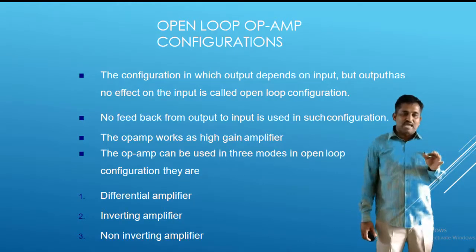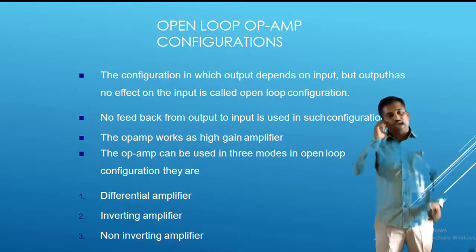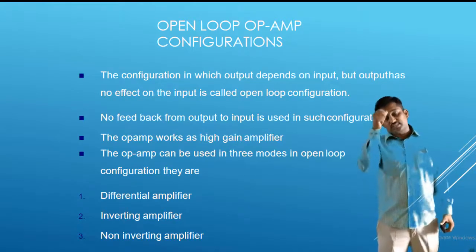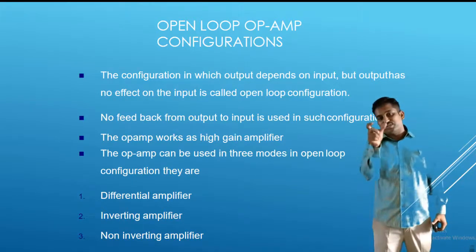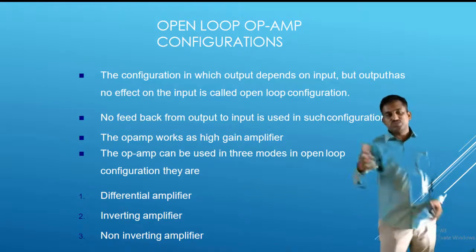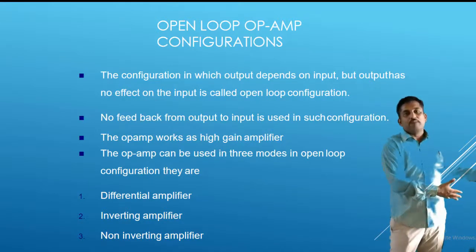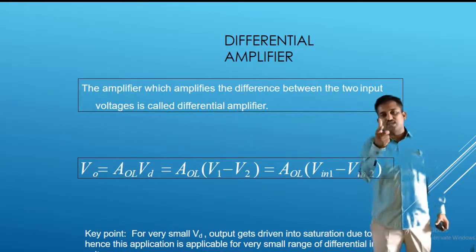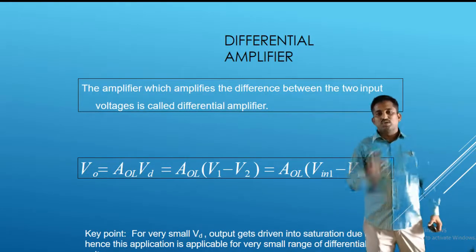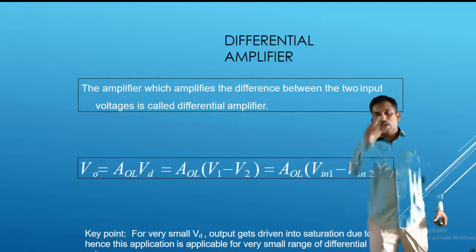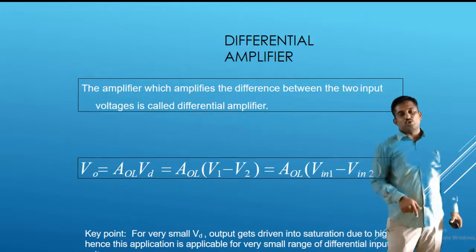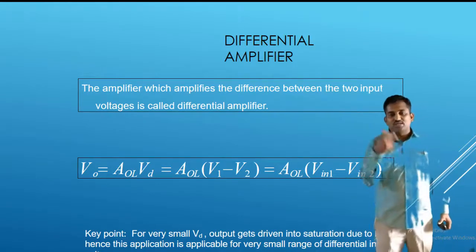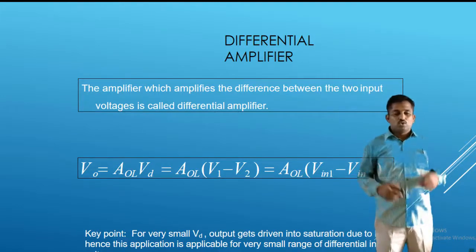What is a difference amplifier? In a difference amplifier, the output voltage is directly proportional to the difference between two input signals, which is nothing but the differential amplifier. To remove the proportionality, we place a constant of proportionality. Here we take it as AOL, because we are using an open loop configuration. So V0 is equal to AOL into VD.